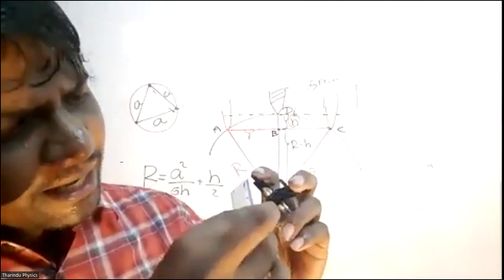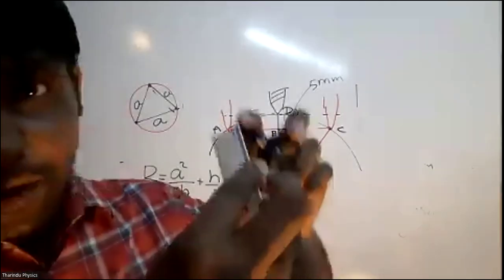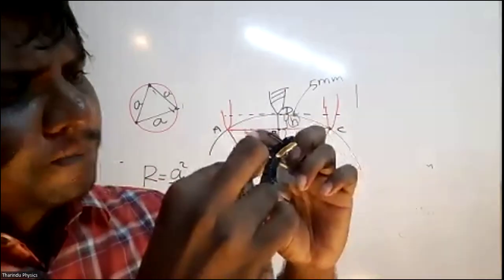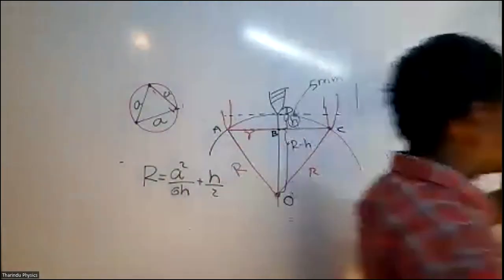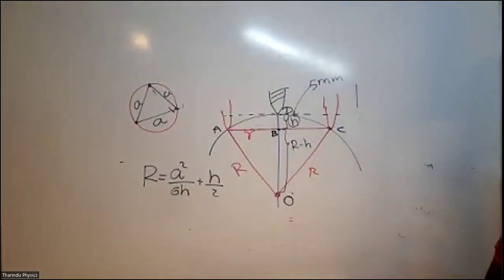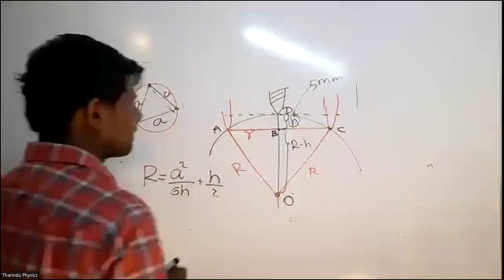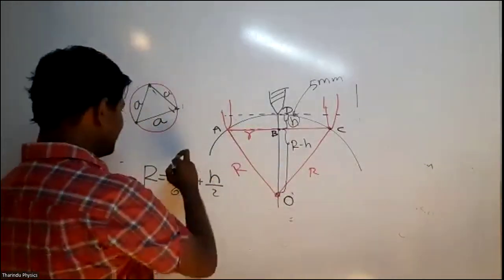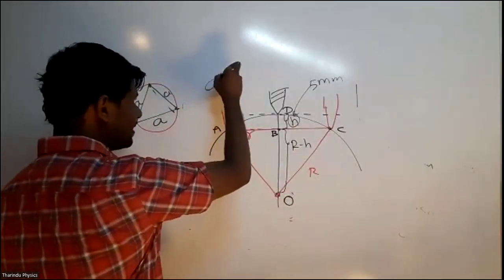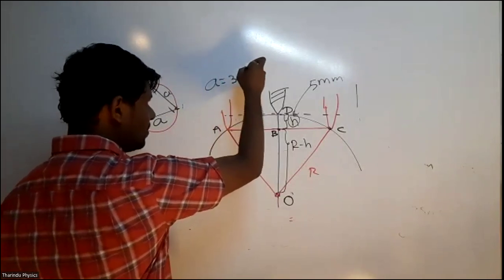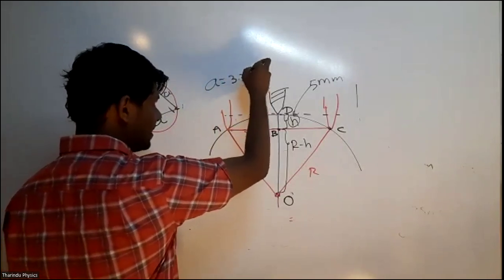It is nearly like 3.2. Okay, student, the A length is nearly 3.2 centimeter.